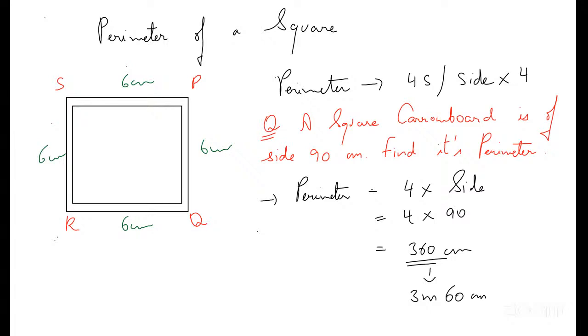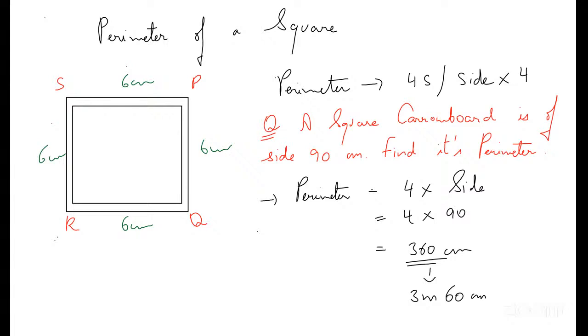So we have to calculate the length of the barbed wire for fencing both of them. That is the perimeter of the inner square and the perimeter of the outer square.